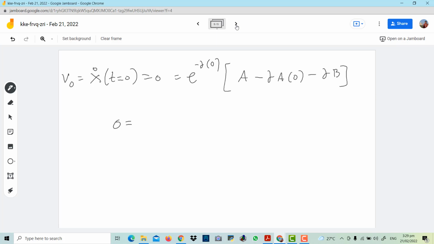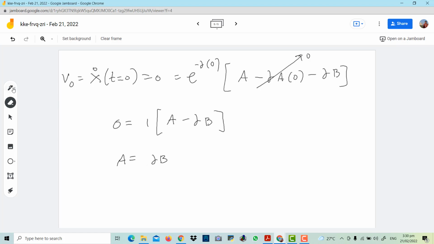E to the 0 is 1. We have a minus gamma b, which is 0. So therefore, as you can see here, a is just equal to plus gamma b.